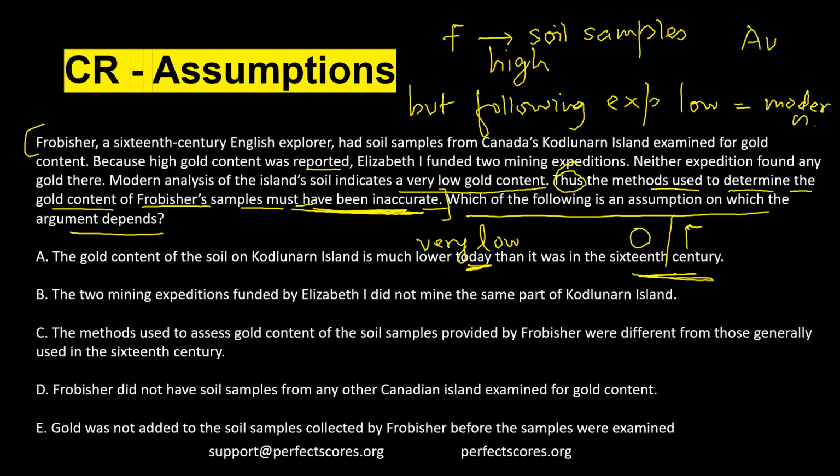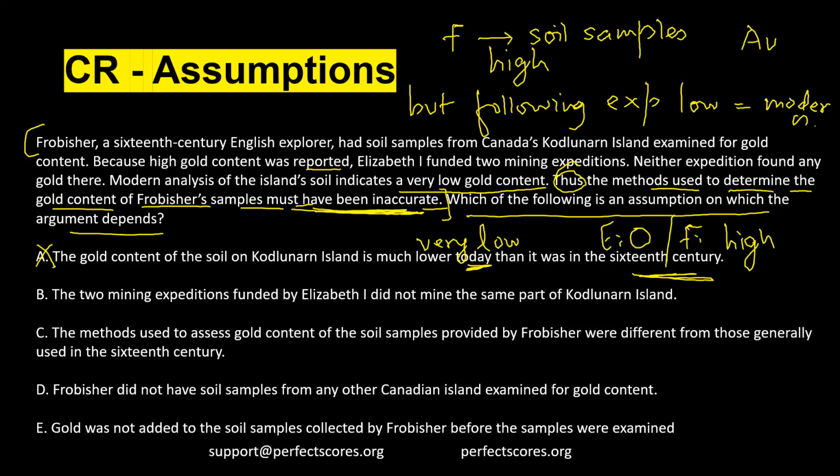So Frobisher found high content. Elizabeth's expeditions found zero content. And today, very low content is found. So A, you cannot really say A is true. So A is eliminated. Let's look at B. The two mining expeditions funded by Elizabeth did not mine the same part. Now, this is not an assumption.